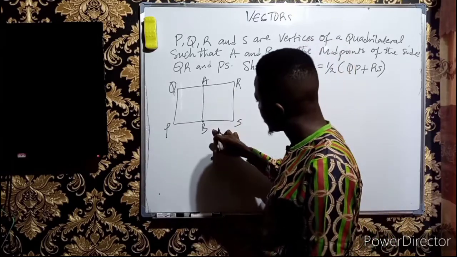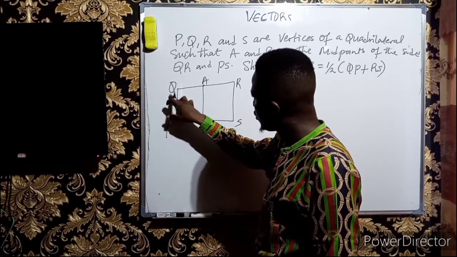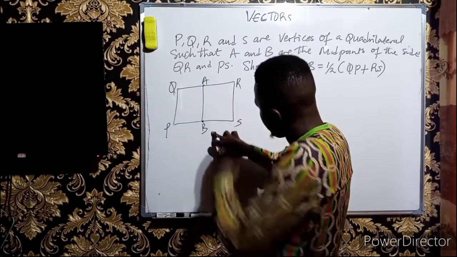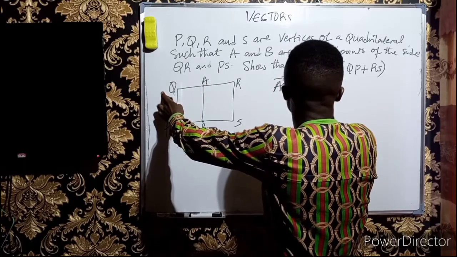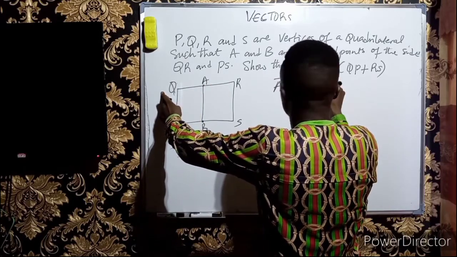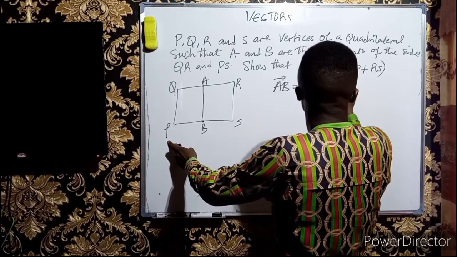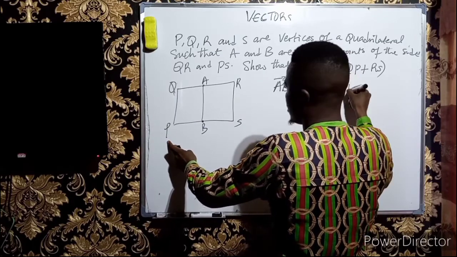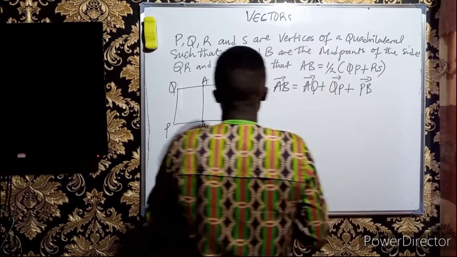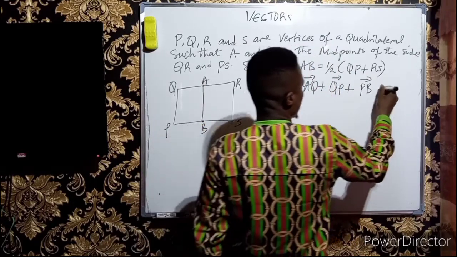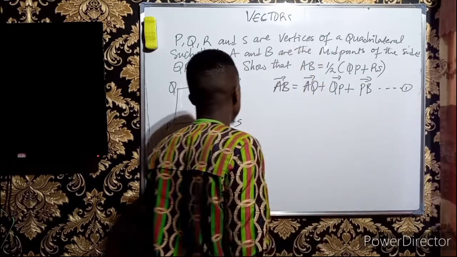So AB is not BP plus PQ plus QA. Rather, AB goes in the reverse direction. So AB will now be AQ plus QP plus PB. This is just my AB. I'll leave it as my equation 1 because there is nothing else I can do with it.